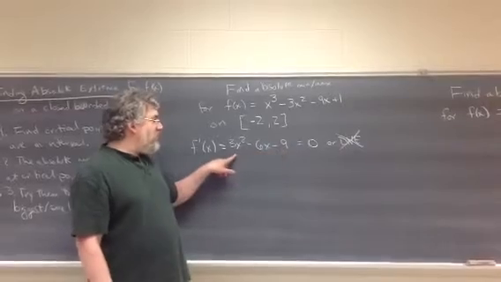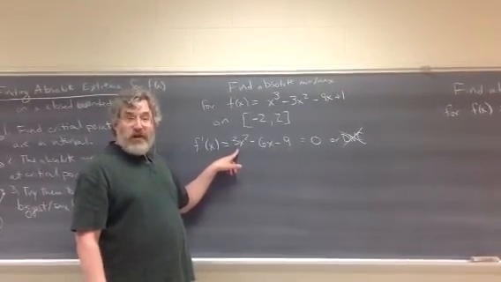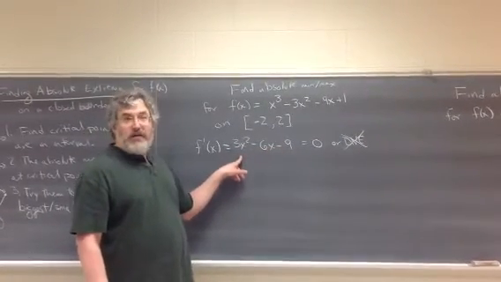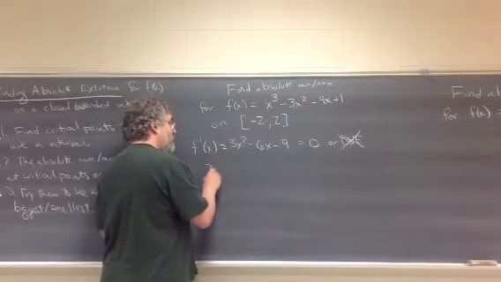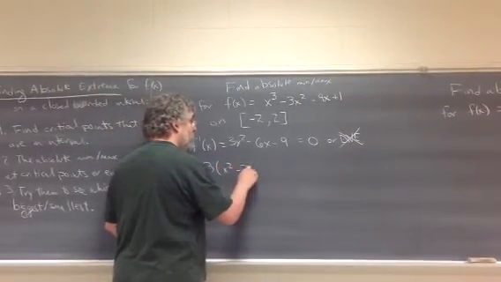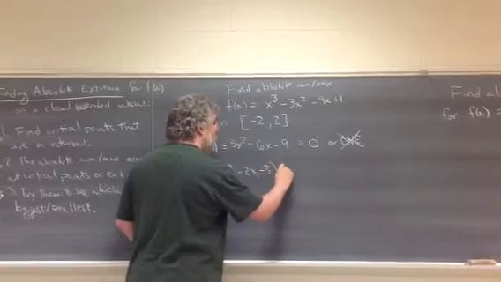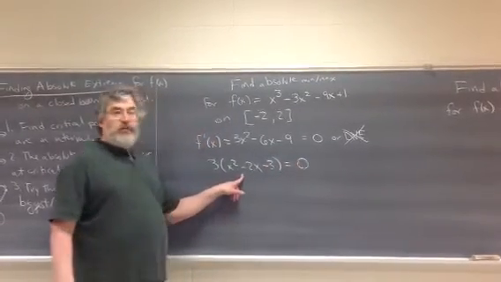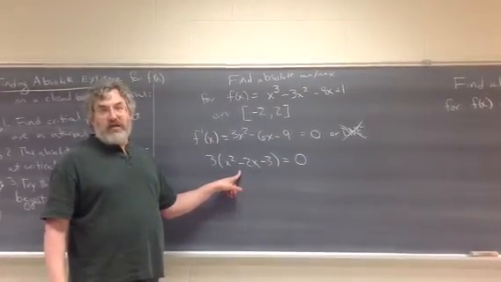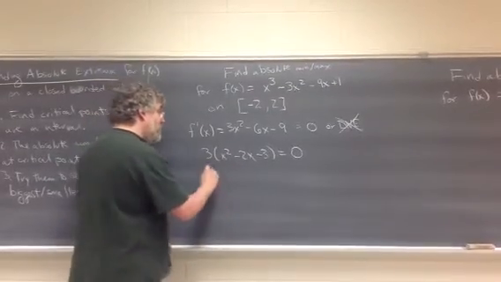How do I set this to 0? Well, this is a quadratic, so we could factor it. I see that, conveniently, it's got a 3 factored out of it. And then furthermore, you could use the quadratic formula if you can't factor this. But this one was set up so that it does factor.